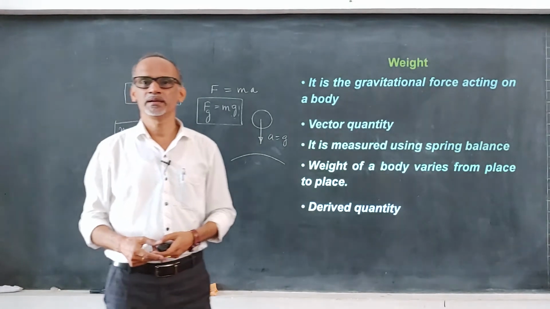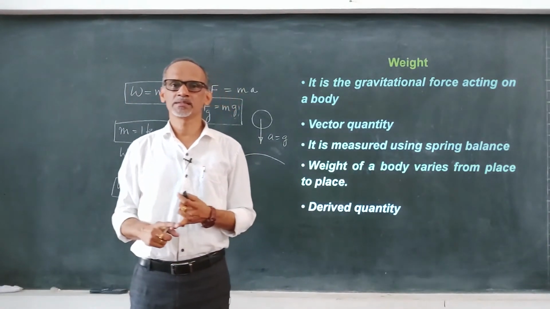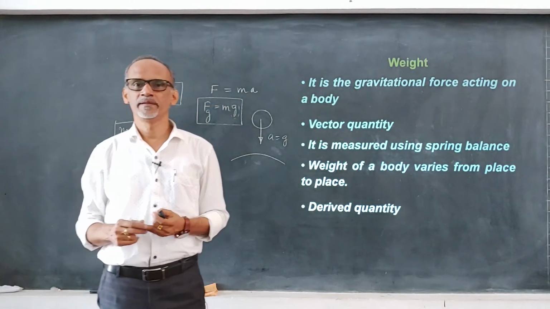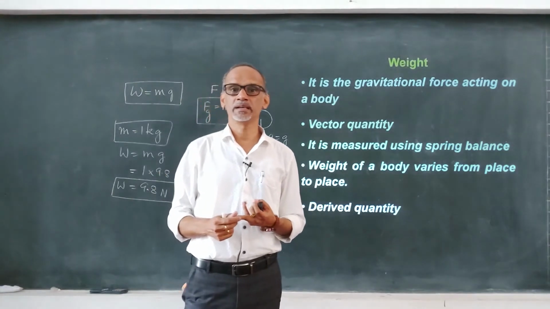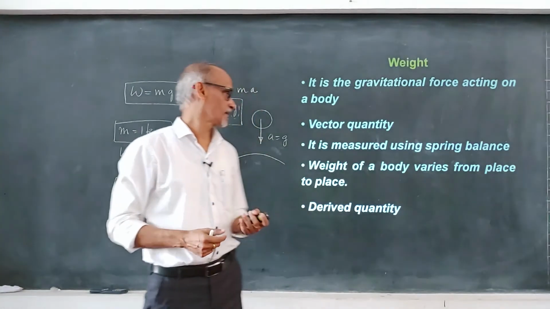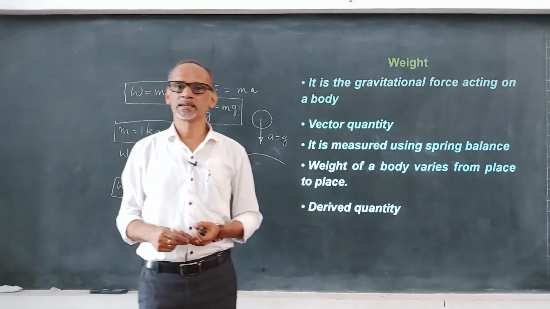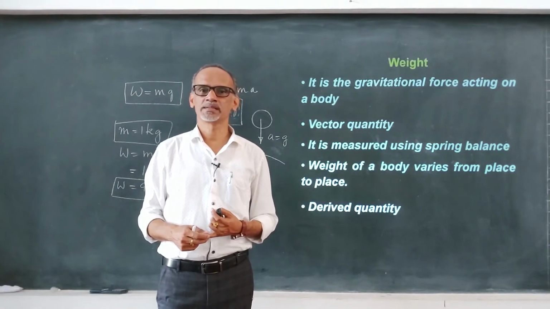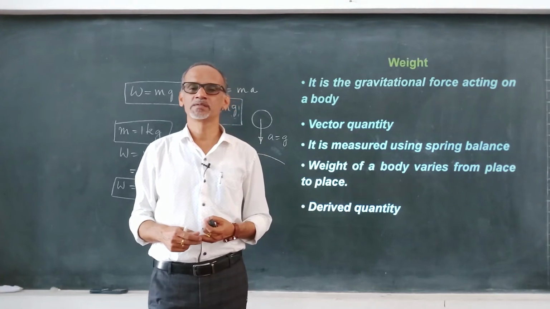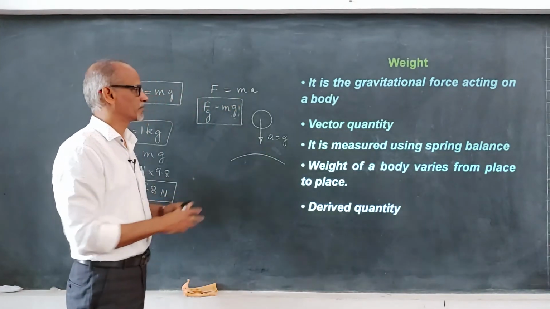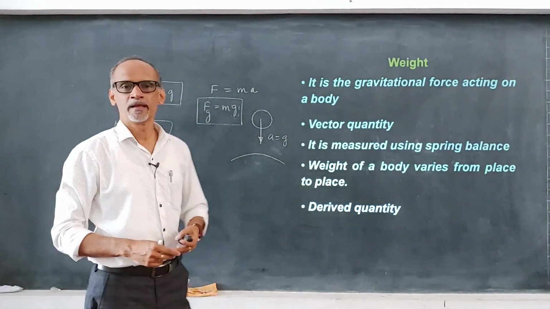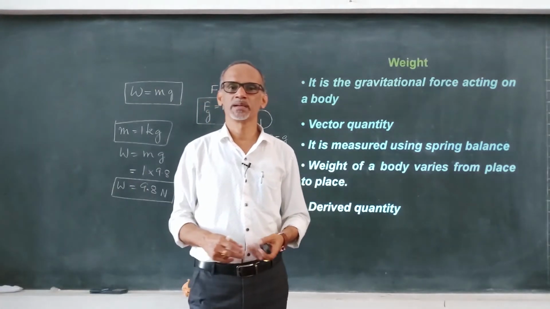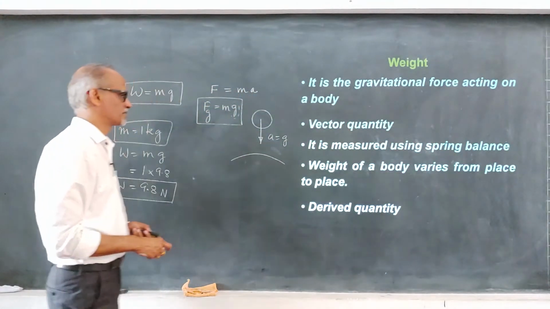Mass is a fundamental quantity, weight is a derived quantity. Mass is a scalar, weight is a vector. Mass remains the same at all places, whereas weight varies from place to place. So, this is how we can write the differences, and mass is measured using a physical balance, whereas the weight is measured using a spring balance.